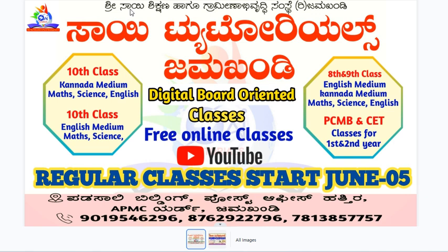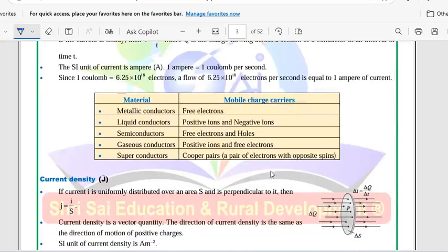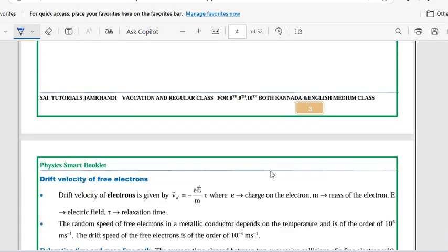So, dear students, in today's session, let us discuss the further concepts related to your syllabus, Physics chapters for second PUC. We are at the third chapter, current electricity.